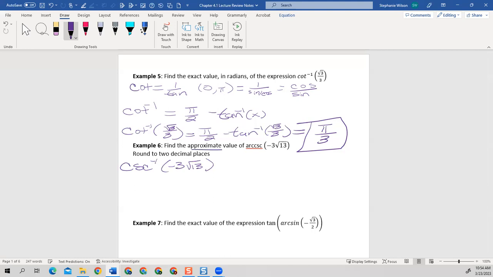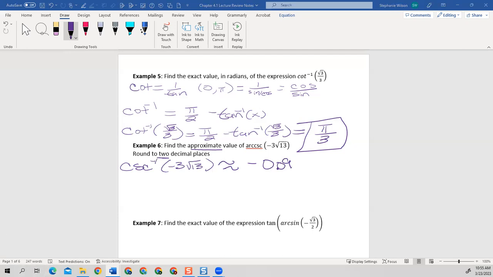When you see the word approximate, it means it's not going to be exact form, where pi thirds is exact form, but if it asks you to do the approximation, we're going to find the decimal. That means we're going to be rounding to something. So after I typed it in my calculator, I get a negative 0.09. And that's rounding 2 decimal places as the direction called for.